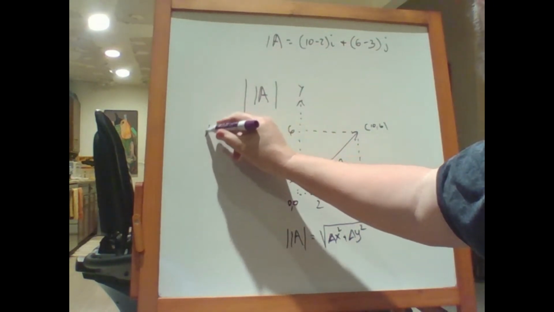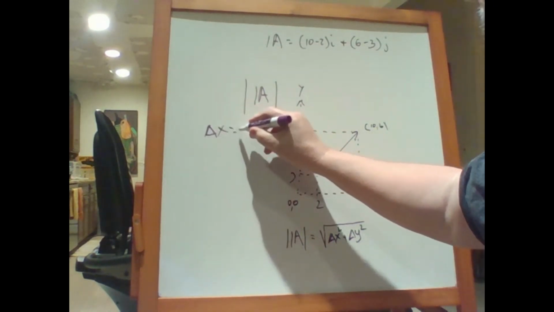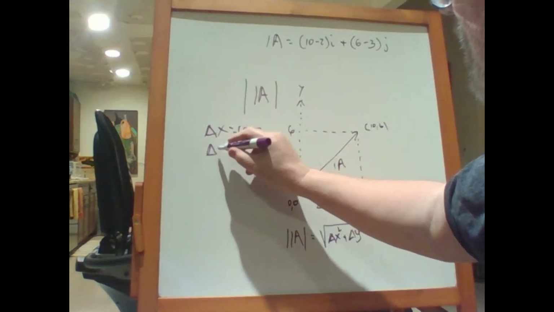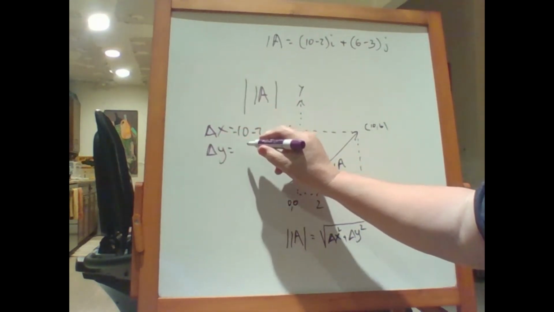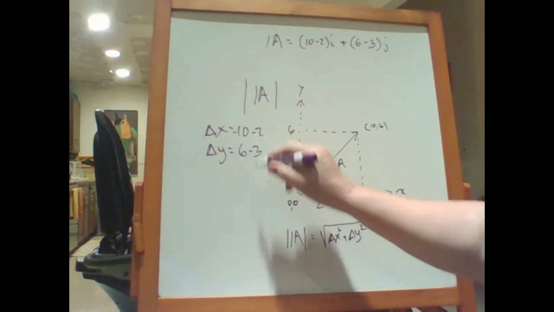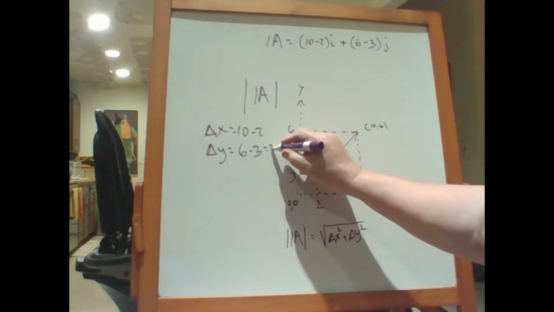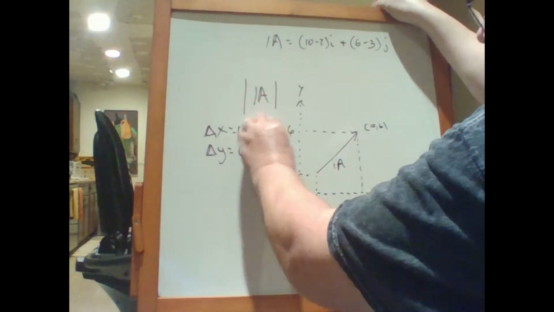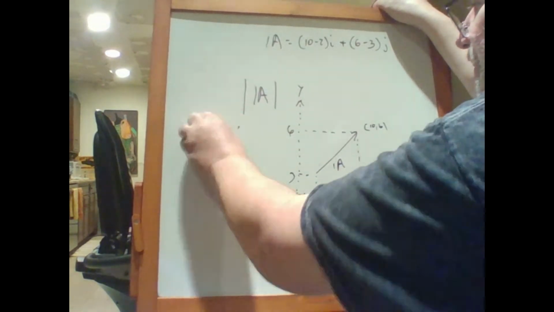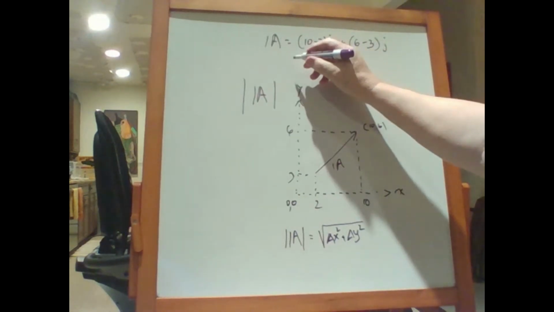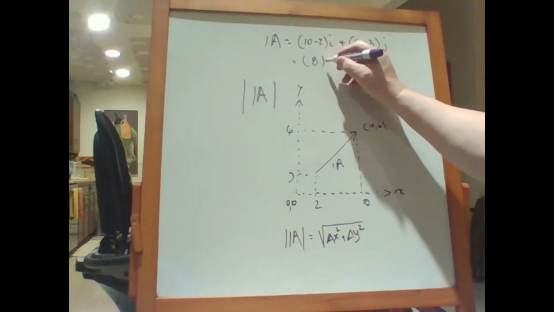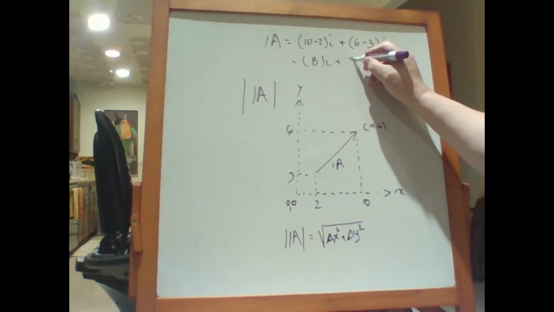So delta x equals 10 minus 2, and delta y equals 6 minus 3. That's equal to 8 and 3. So in this case, this vector would be given by the equation 8i plus 3j.